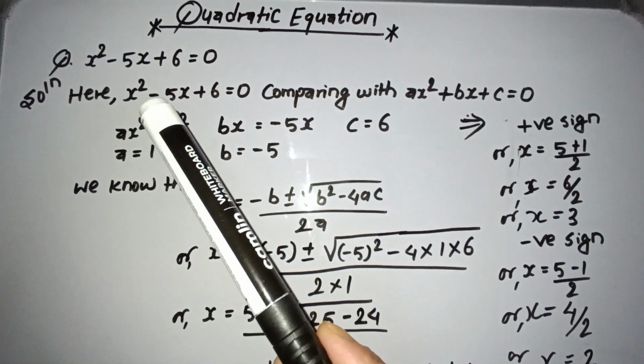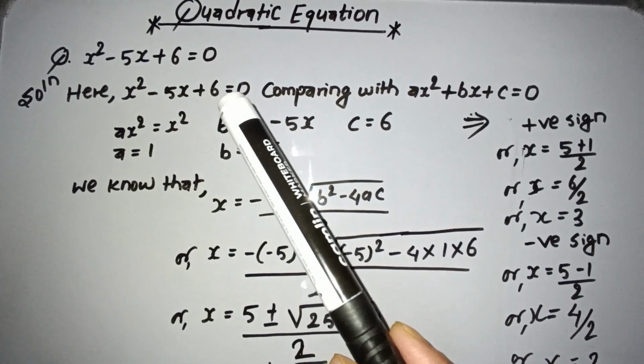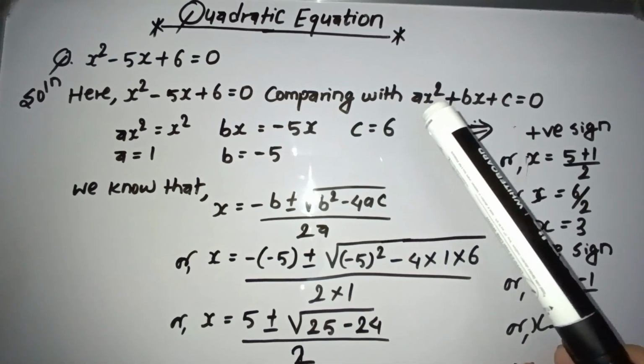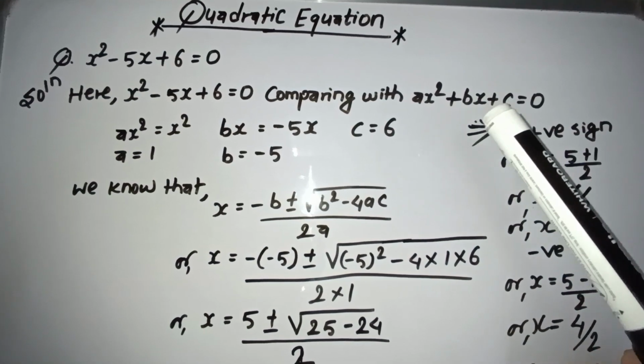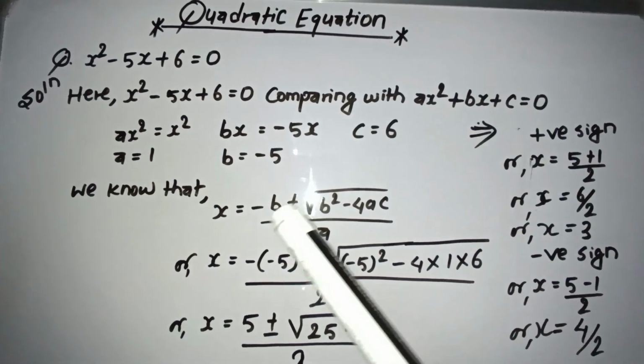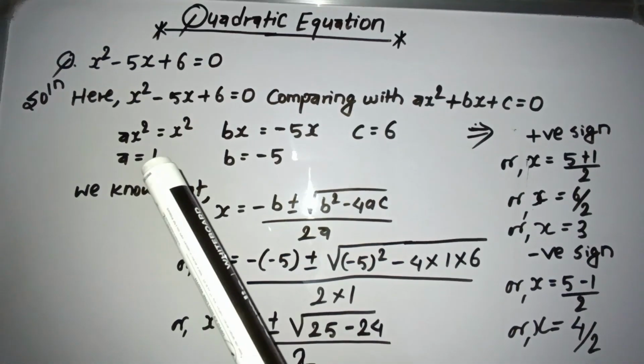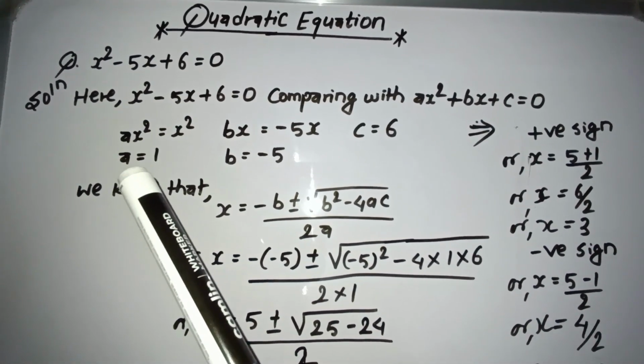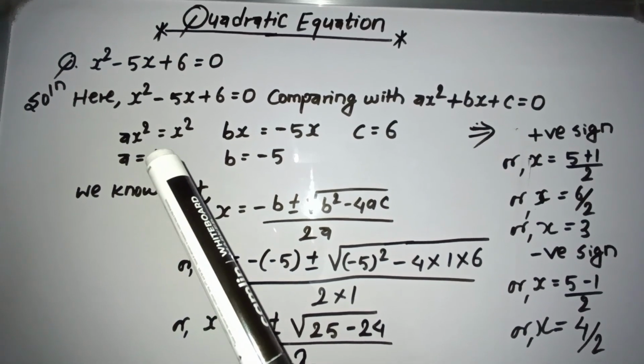Here, x square minus 5x plus 6 is equal to 0 is comparing with ax square plus bx plus c is equals to 0. Then ax square is equals to x square. Then the value of a is equals to 1.